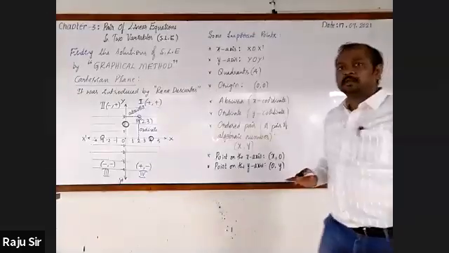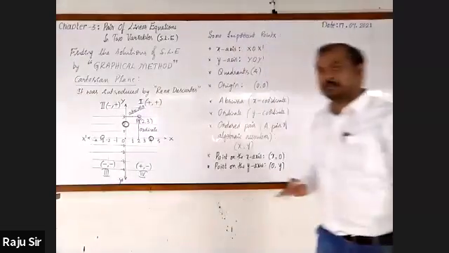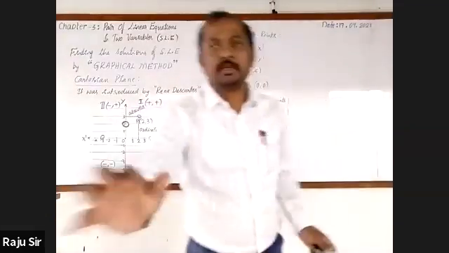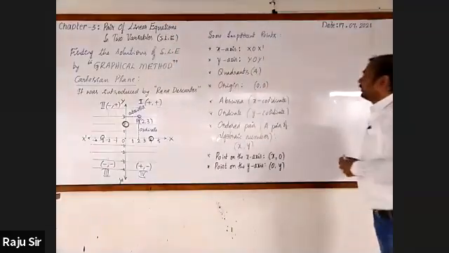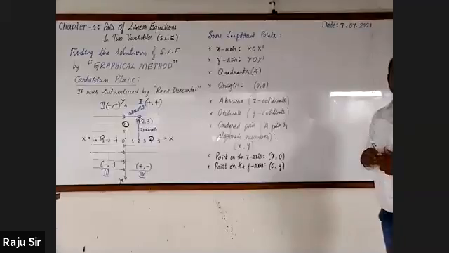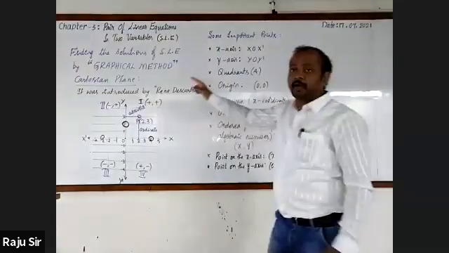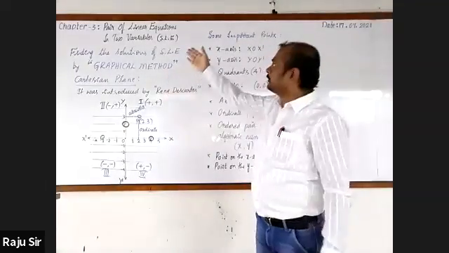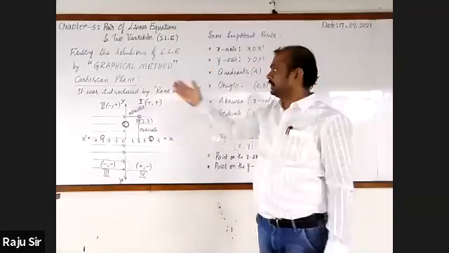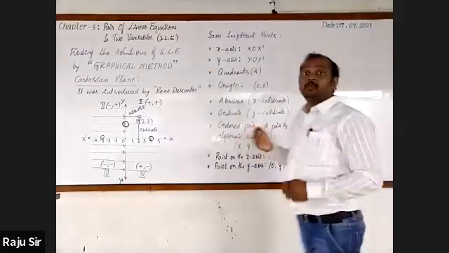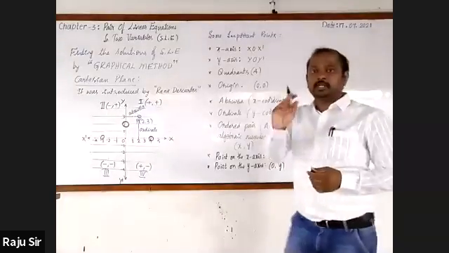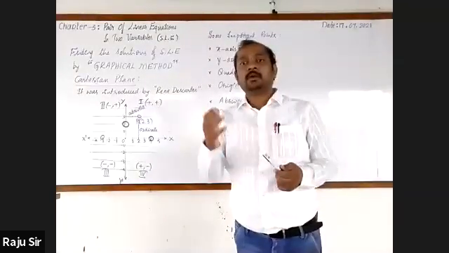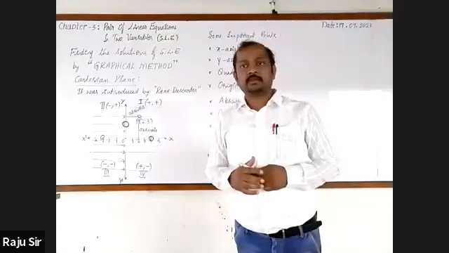Observe. Next, one more piece of information. As we are going to find the solutions of a pair of linear equations in two variables by the graphical method, whatever equations are given, for each equation we have to find the coordinate points.